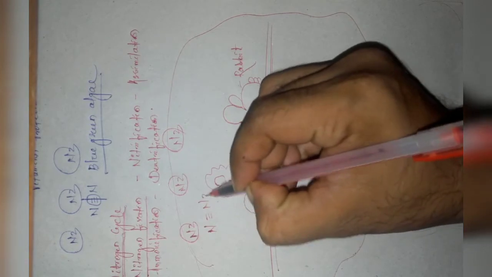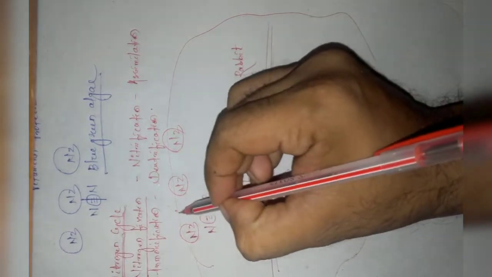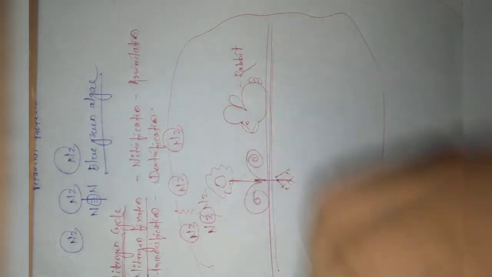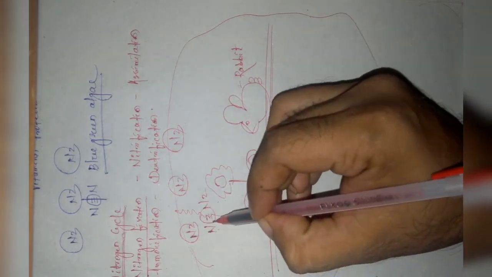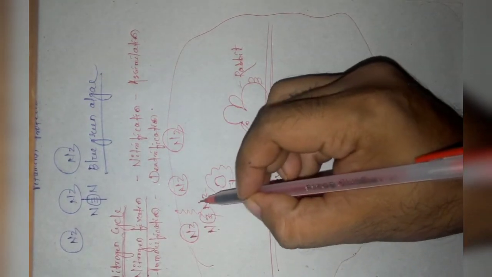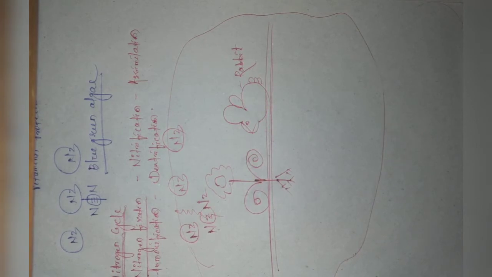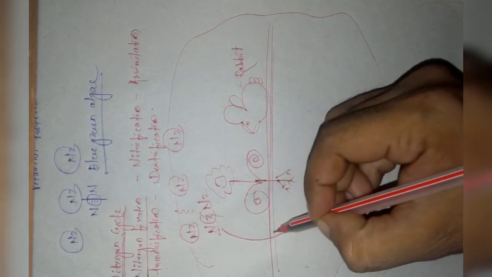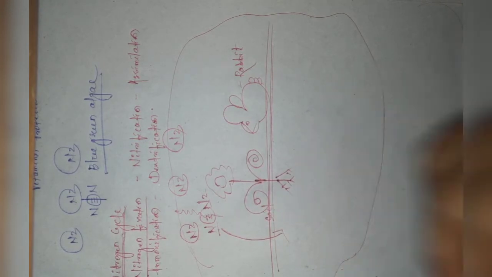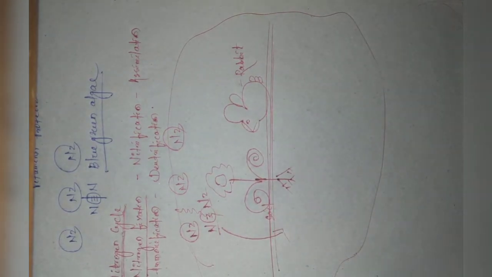Nitrogen is bonded with a triple bond. When lightning occurs, the triple bond breaks down and the nitrogen divides into single nitrogen atoms, and it drops down to the soil.